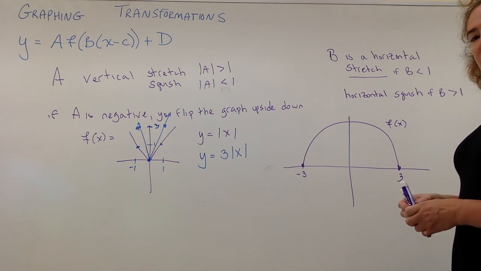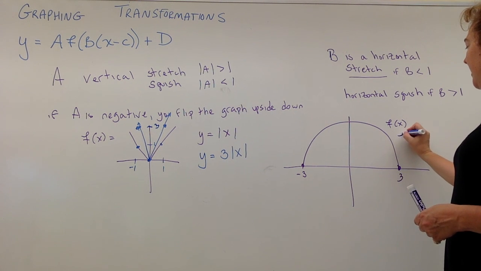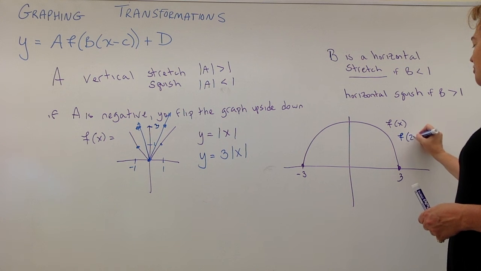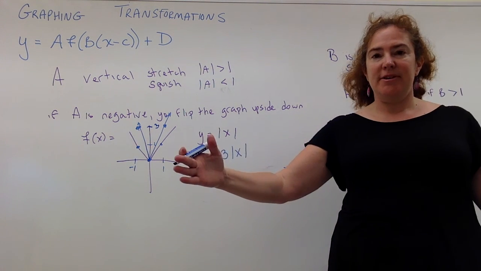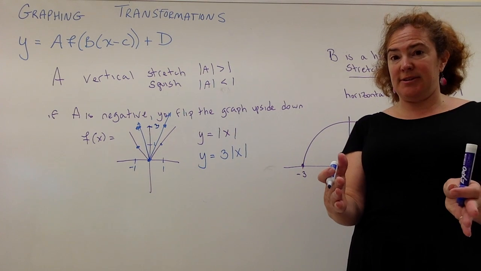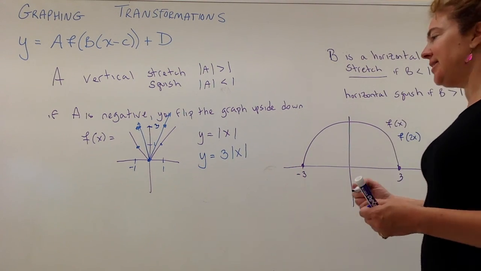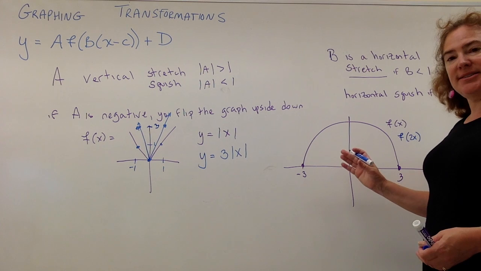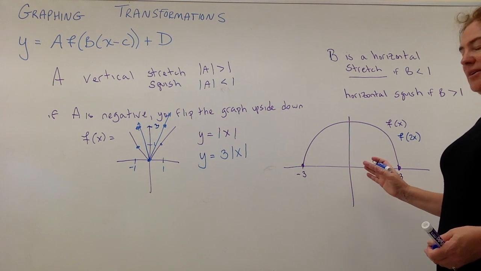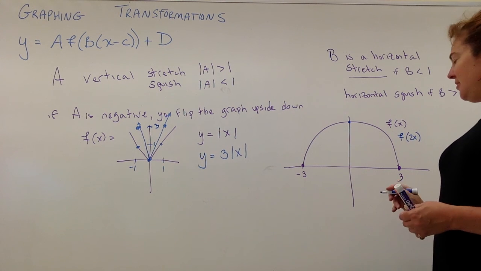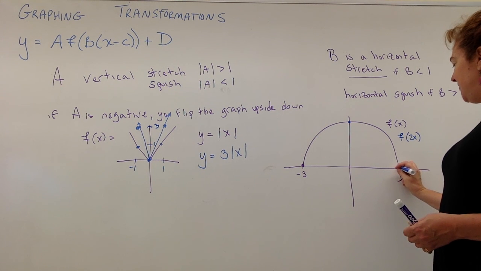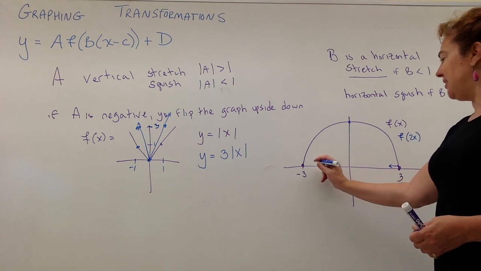Suppose now I want to look at f of 2x. Well, what is that doing? It's taking my whole graph and squishing it horizontally. How does that translate? Well, anything on the y-axis here, where x is 0, is an anchor point. So this point isn't changing. But what's happening now is that these values are getting squished in.